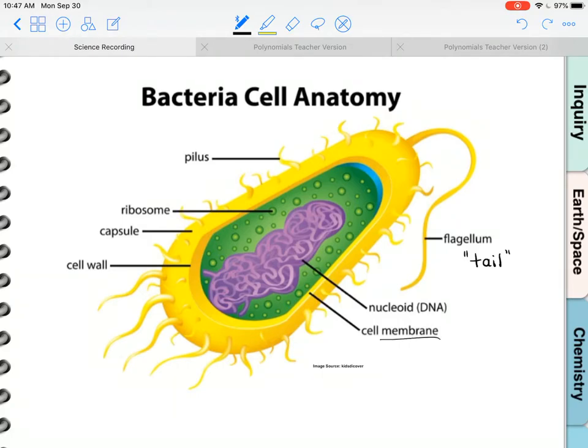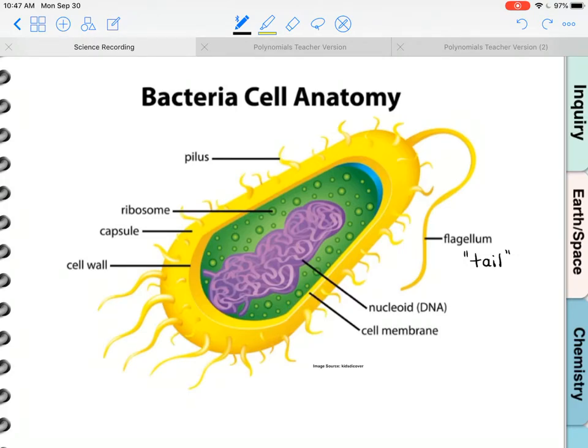Cell skin, remember anywhere I see membrane, I think of skin. The cell wall, so this bacteria is similar to a plant cell in that it has a cell wall. The yellow part is called the capsule. That's the thing that holds the bacteria. And then we have ribosomes. We'll look at those in just a minute when we look at plants and animals.